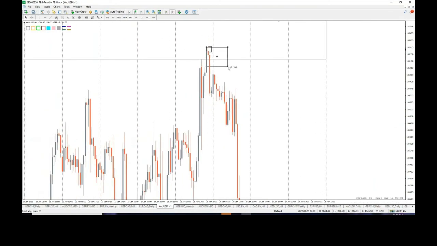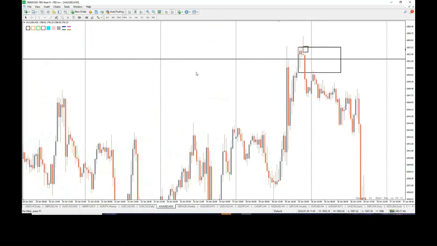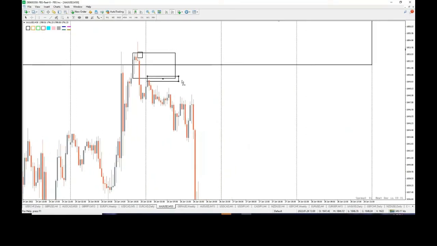So the confirmation on H1, right? If you cannot take this one, you have to wait for M30, M15 to give an opportunity right here. Next entry, right?